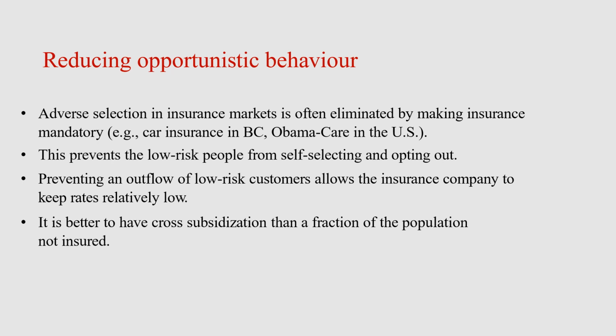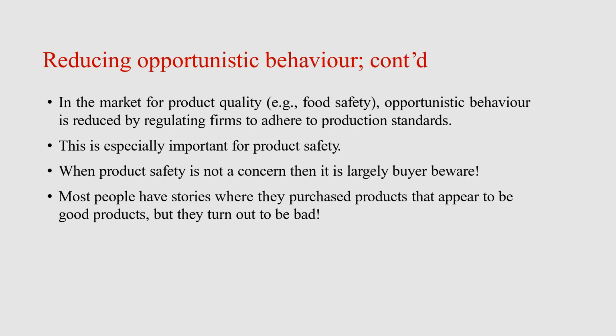The mandatory insurance prevents the low-risk people from self-selecting and opting out. It prevents an outflow of low-risk customers, allowing the insurance company to keep rates relatively low. But it's better to have cross-subsidization than a fraction of the population not being insured. That's the argument that is used in these cases.